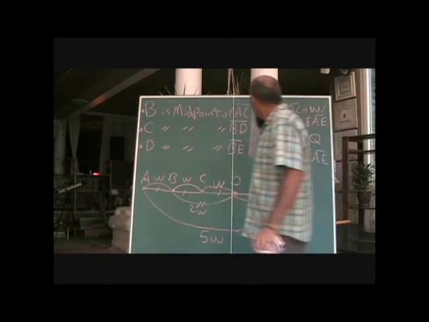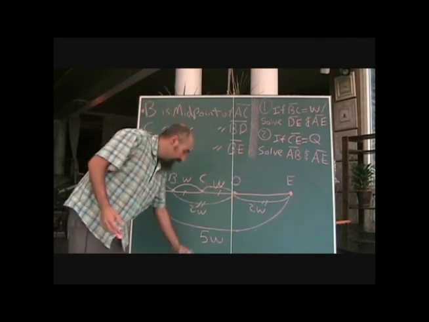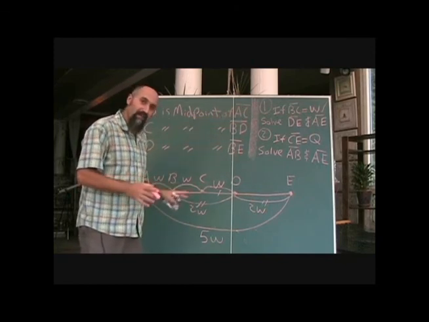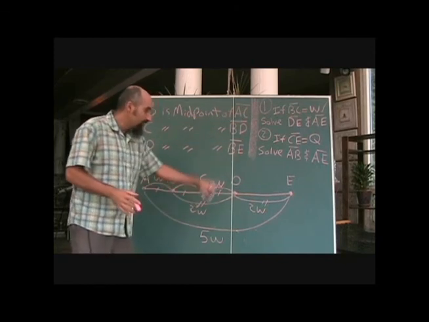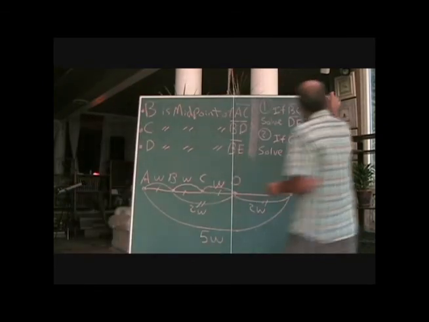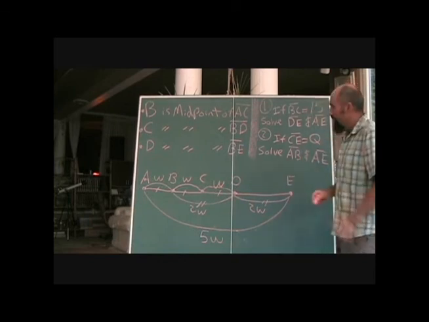Now the reason that using variables becomes super powerful is because you can put in numbers instead of the letters, and it will apply for any number you put in there. So instead of W, let's assume they said BC was 15.